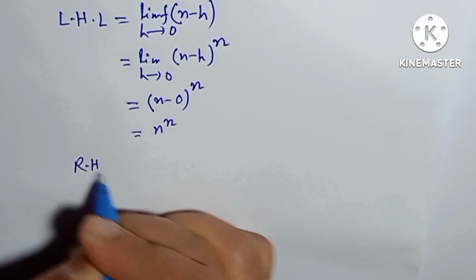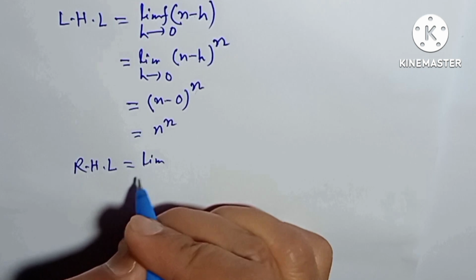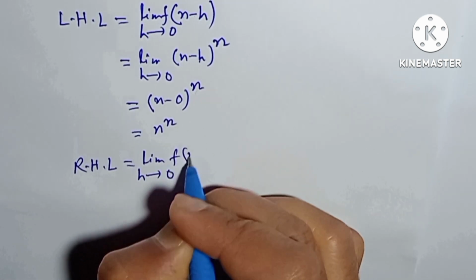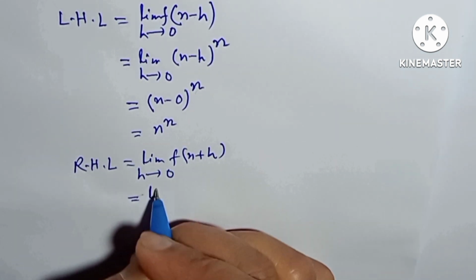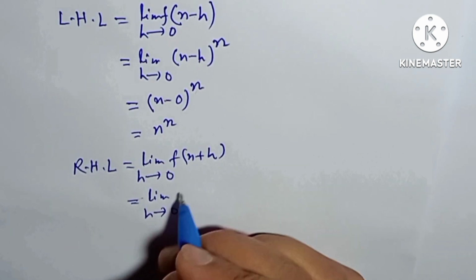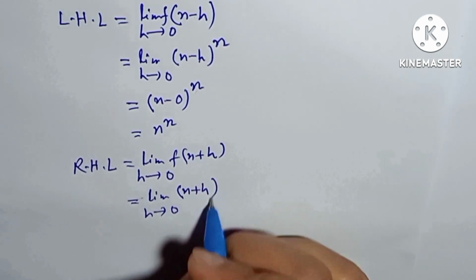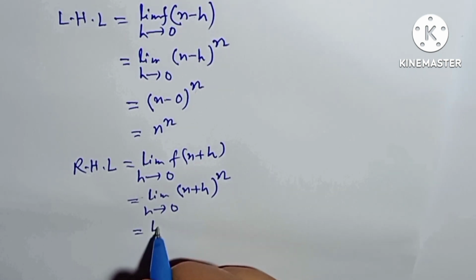Right hand limit: limit h approaches 0 f of n plus h equal to limit h tends to 0, x is n plus h to the power n.